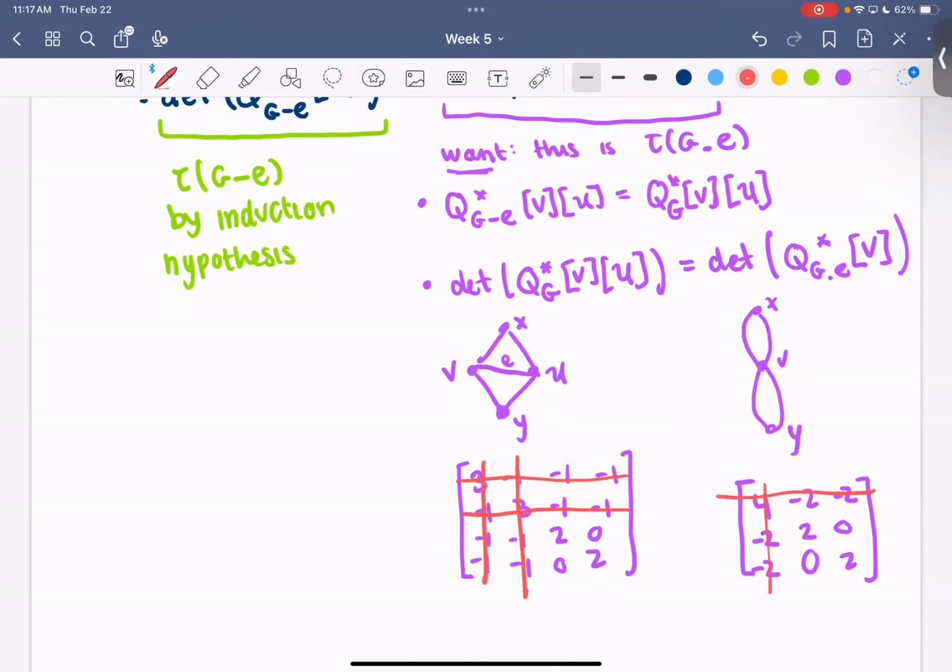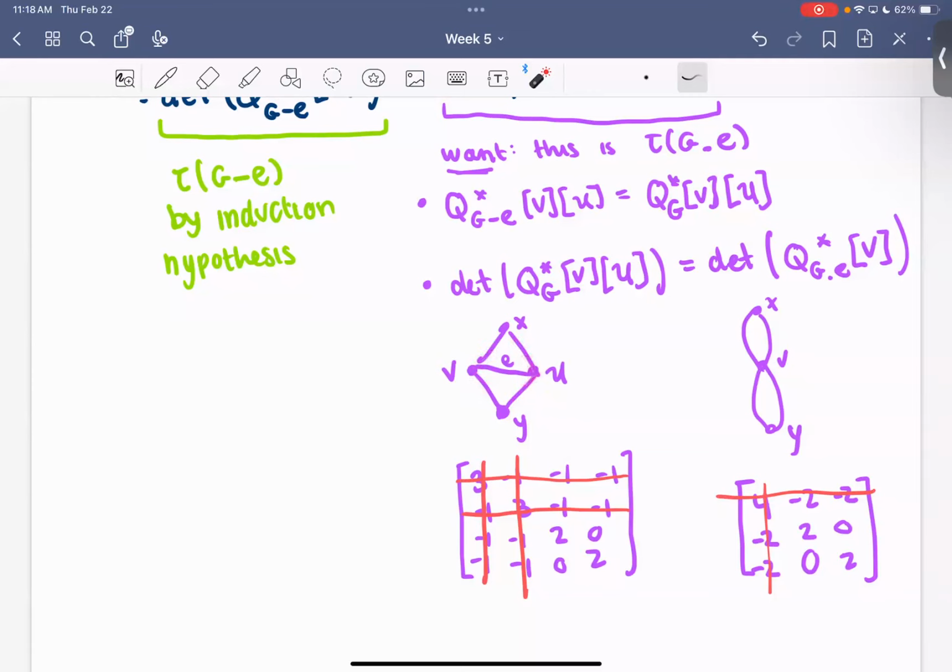So what happened? When we went from here to here, we contracted the edge. So that means that the vertex V, this new merged vertex, has all of the same edges coming out that the old graph had, right?